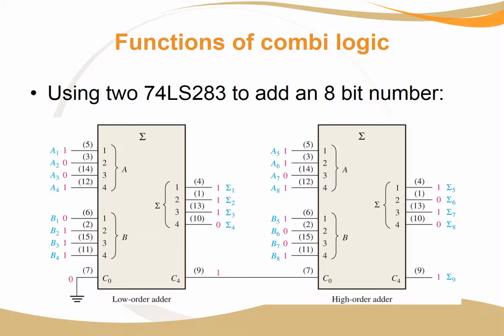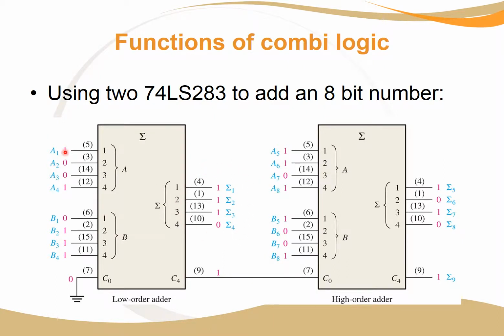Here we use exactly what we said, the 2 ICs to add 8-bit numbers. So we start with the lower nibble of the 2 numbers and wire them up like this, and then they become the lower nibble of the answer.